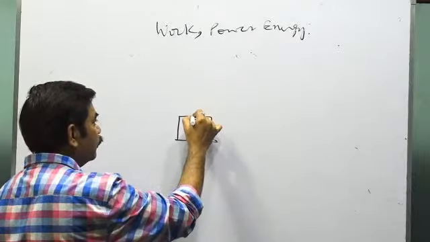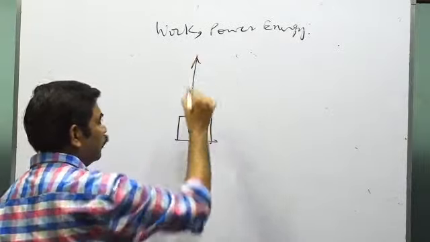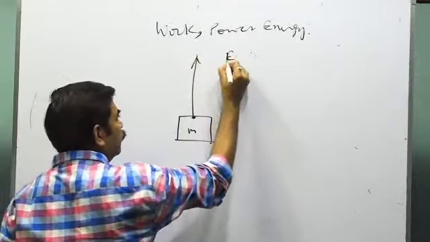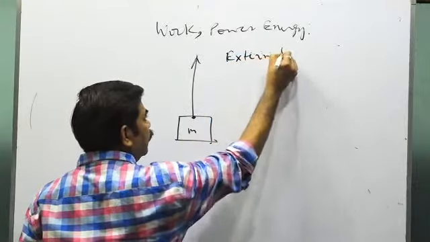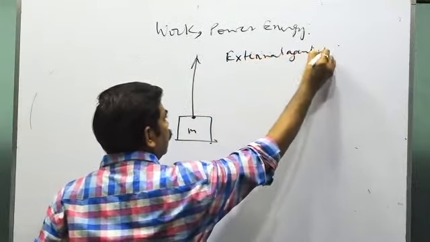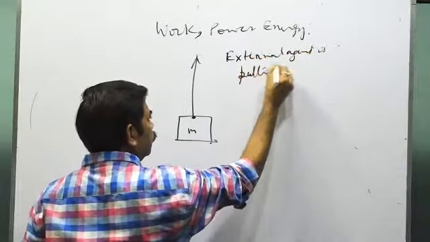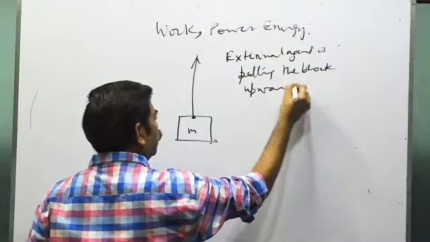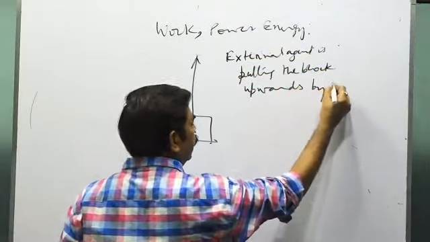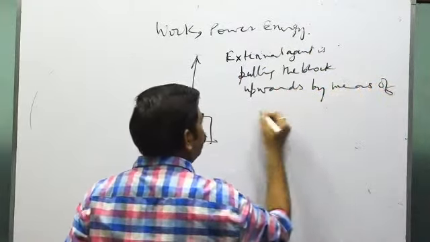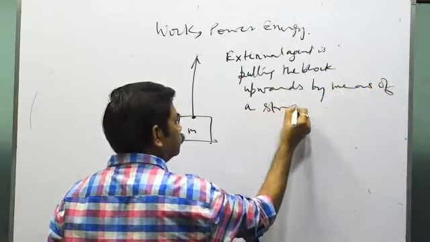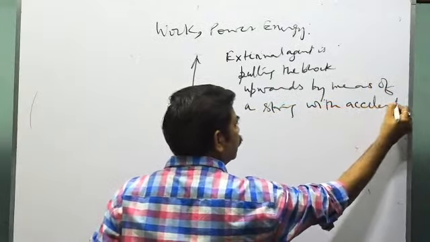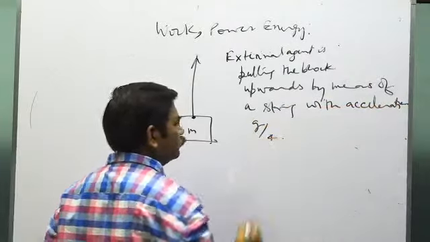By means of a string, someone, an external agent, is pulling the block upwards with an acceleration g/4.